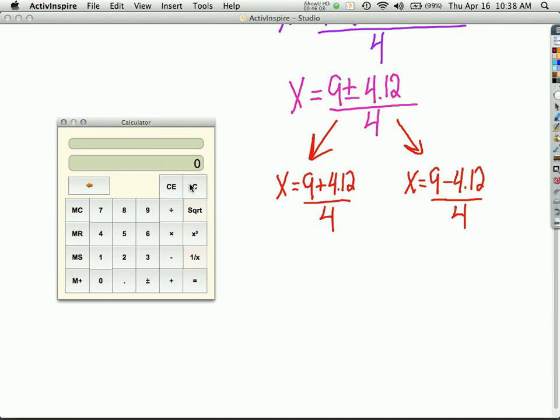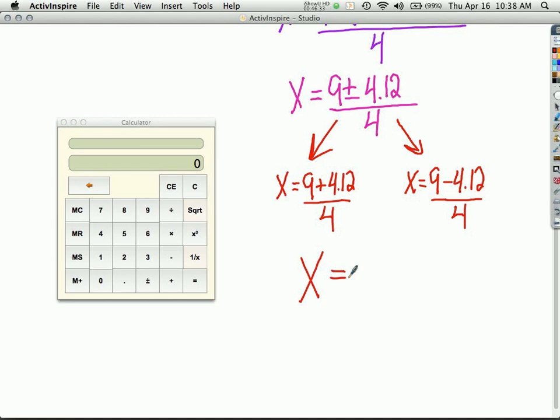Yes, Kianis, you got it? Hold on a second. People are still cranking it. Give me a thumbs up if you got two solutions. Okay, Kianis, what'd you get? I got x equals 3.28 and 1.22.